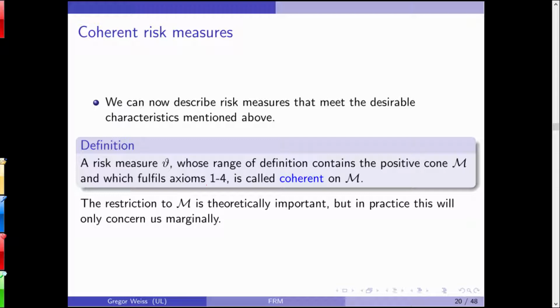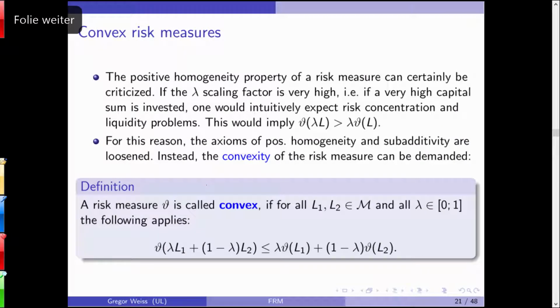They start in geometry and then translate it to probability theory. But their definition is that if a risk measure is defined on the positive cone M and fulfills subadditivity, translational invariance, positive homogeneity, and monotony, then it is called coherent.